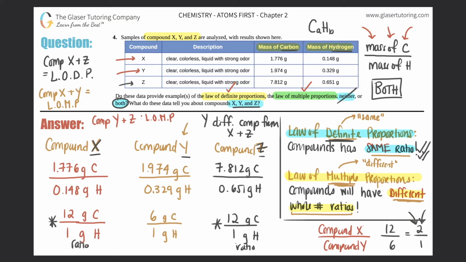But that does not tell us if the compound is the same, because let's look at water, right? I'm going to put it up here. H2O versus, let's do H4O2. Now these ratios is a 2-to-1 ratio. You have 2 hydrogens for every 1 oxygen, right?